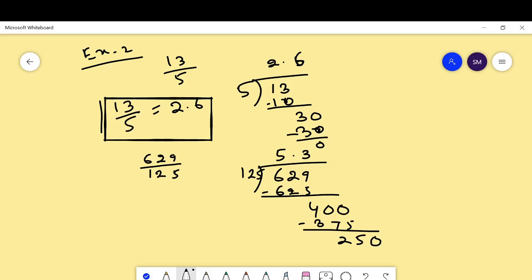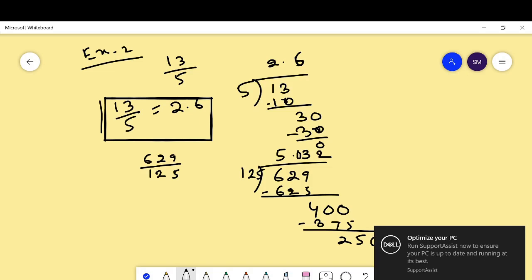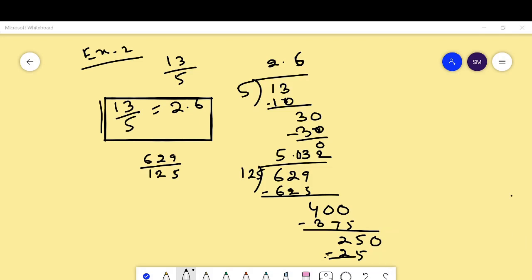Then when you add another 0, put 0 here. Then 125 2s are 250.